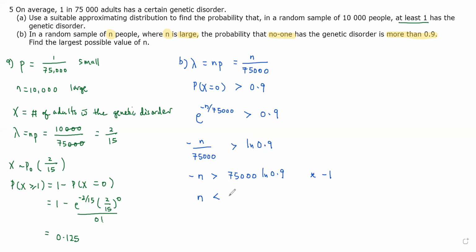So n is less than negative 75,000 times log of 0.9. Then we see that n is less than 7,902.04. To find the largest possible value of n, that would be 7,902.